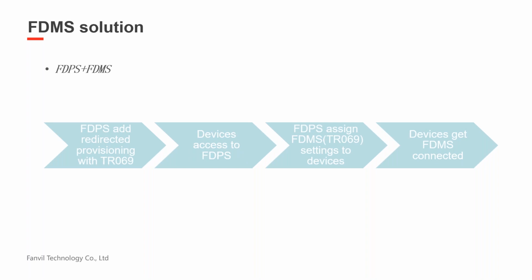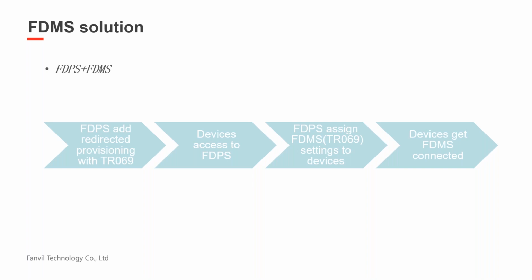The second one is more popular, which means we can use FDPS plus FDMS to make zero-touch provisioning and the connection for the devices to FDMS. First, we need to set up FDPS to add the redirected provisioning information about the FDMS server.